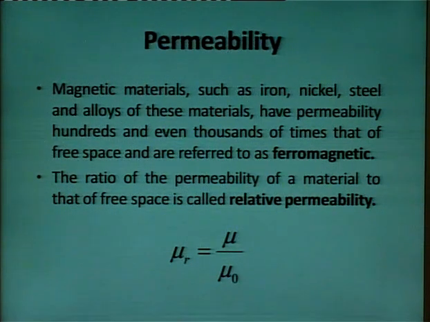Then the magnetic materials such as iron, nickel, steel, and the alloys of these materials have permeability hundreds and even thousands of times that of free space, and they are referred to as ferromagnetic materials. The ratio of the permeability of a material to that of free space is called the relative permeability. Mu r is equal to mu divided by mu naught. This is the relative permeability.